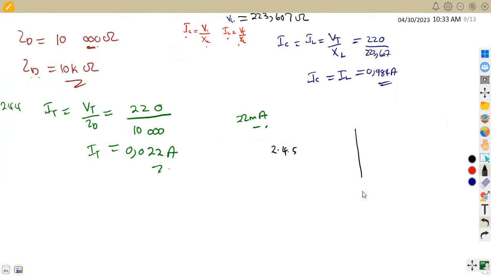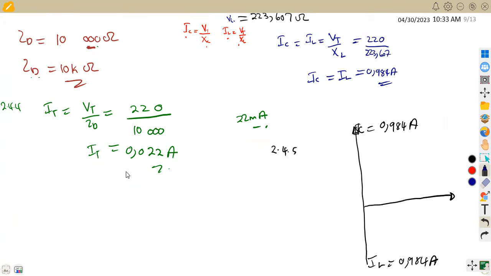You're going to have IC and IL in a vertical line, then the total current in the horizontal line. So this is our IC, which is 0.984 amps. The same with IL, which is 0.984 amps. And our IT, the total current, is going to be horizontal, which is 0.022.